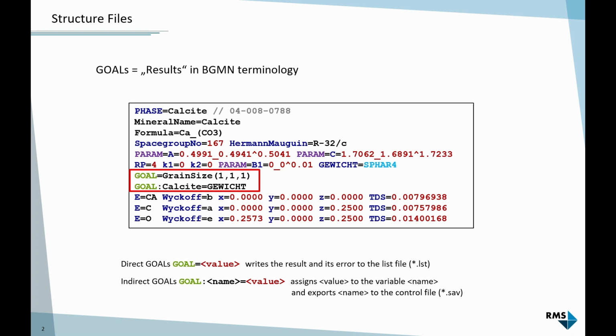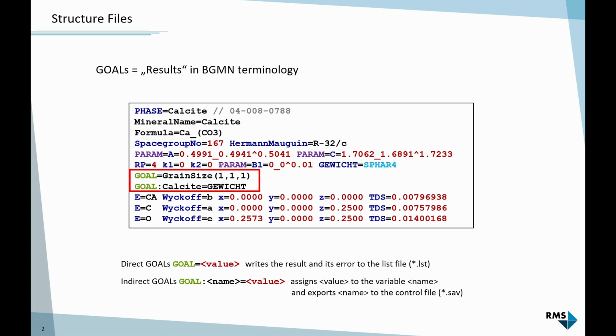And this, I know it gets a bit complicated, but this means we can access it from the refinement control file. Gewicht, every phase has its Gewicht parameter. So when we try to access the different Gewichts from the control file, we don't know which phase, so we cannot access these values because it's present in every phase. But once we export it as a global goal, we can access this value.